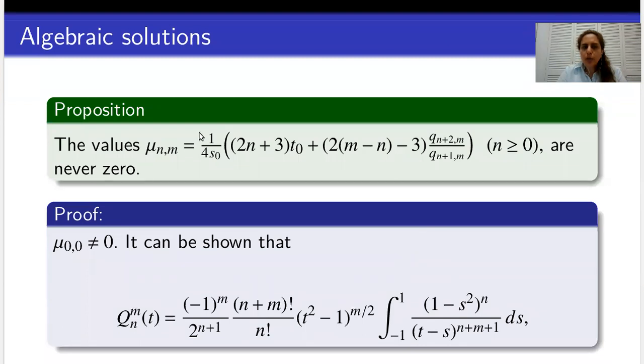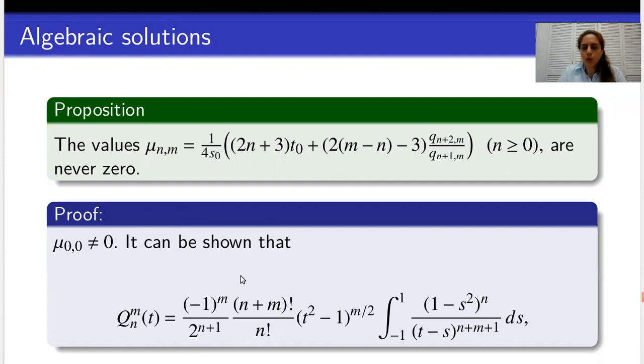To talk about the algebraic solution, at first we need to know that mu n m for every n greater than or equal to 0 are never 0. We can prove this proposition. It's clear that mu 0 0 is not 0.